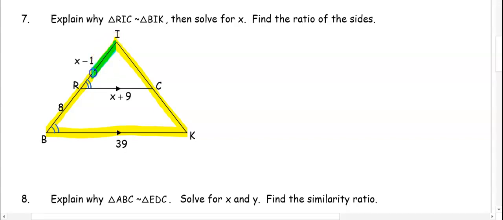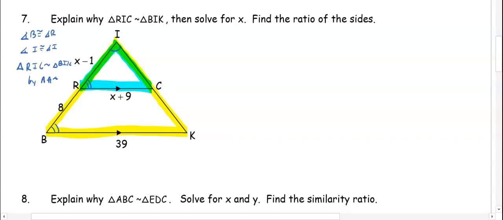And we notice that they have a shared angle, which is angle I. So since we know that angle B is congruent to angle R, and angle I is congruent to angle I, we know that triangle RIC is similar to triangle BIK by angle-angle similarity.